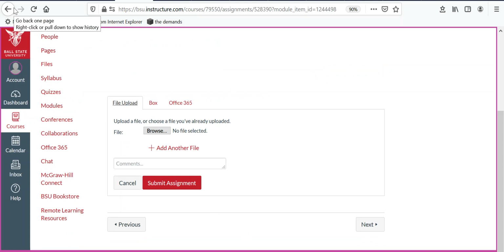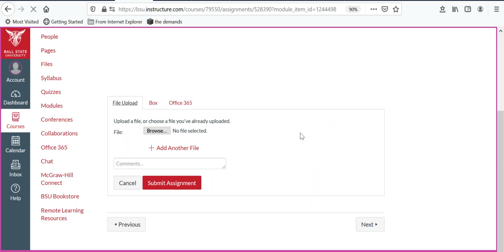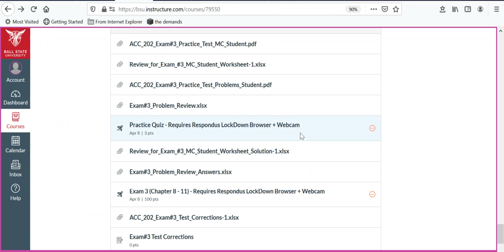I cannot read Numbers files created on a Mac. If you're using a Mac and you create a file with the Numbers document, what I need you to do is to do screenshots of the corrected questions. I cannot open those files.